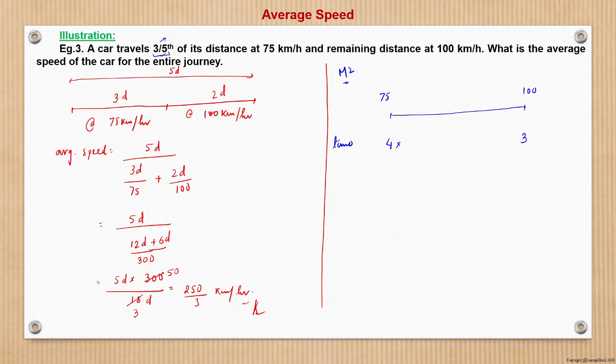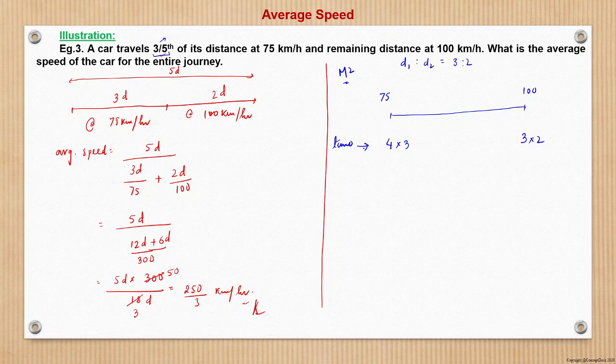Distances covered at 75 and 100 are in ratio 3:2, so time taken will further be in the same ratio. So we'll multiply this by 3 and this by 2. Why 3? Because distances d1 to d2 is in ratio 3:2, and since time is directly proportional, we can say 4 into 3 and 3 into 2.